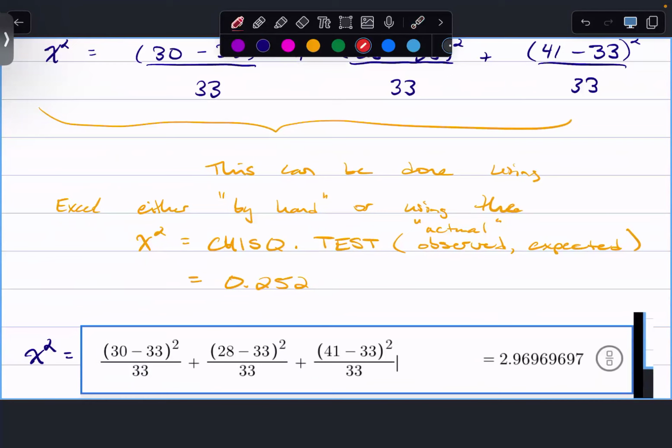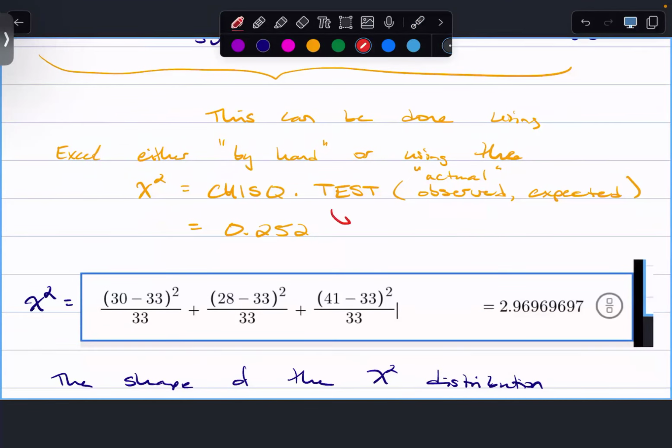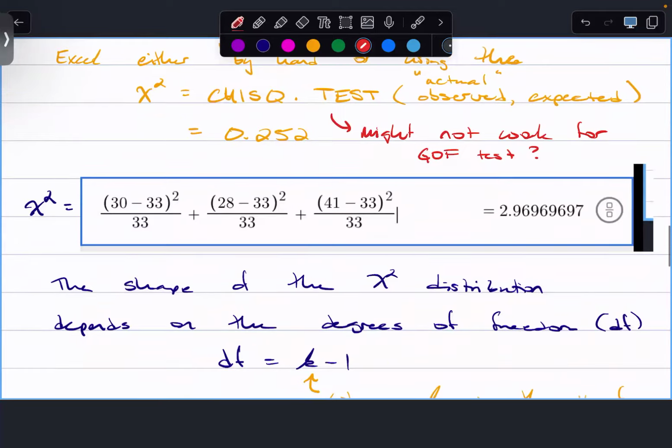I'll just make a note, it might not work for a goodness of fit test. That's more of a note for me to look into. I just assumed that it would be able to take any actual and expected values, but maybe that's my bad.